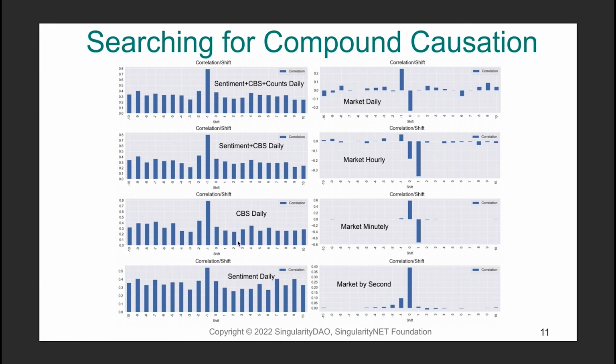For example, at the bottom you see that we use sentiment data only. Next from the bottom corresponds to using only cognitive behavioral schemata, the cognitive distortions only, and then we can have sentiment and cognitive distortions, and sentiment and cognitive distortions with counts of news per day.